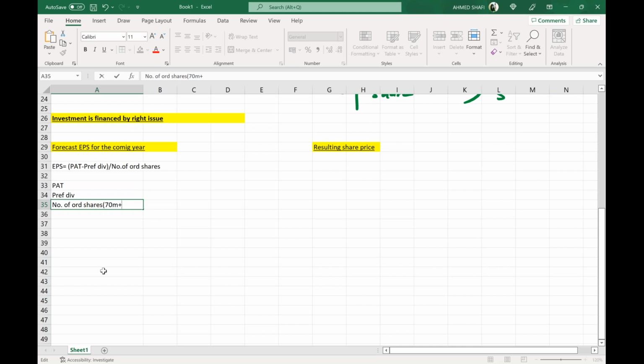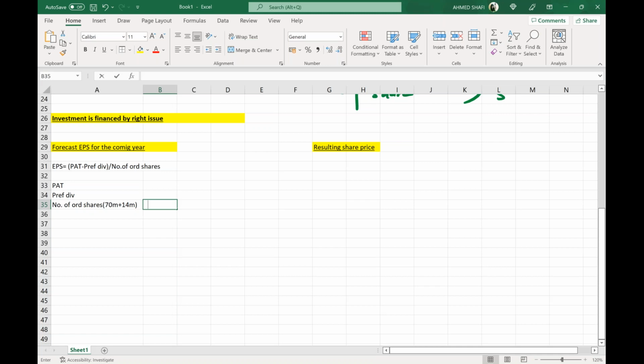So in the right issue, you are planning to issue 14 million new shares. 25.48 million will be raised at 1.82. So for the coming year, the number of ordinary shares you are going to have is 84 million.